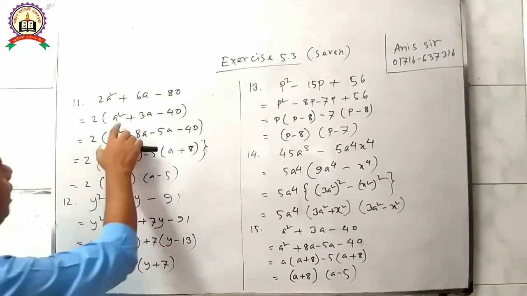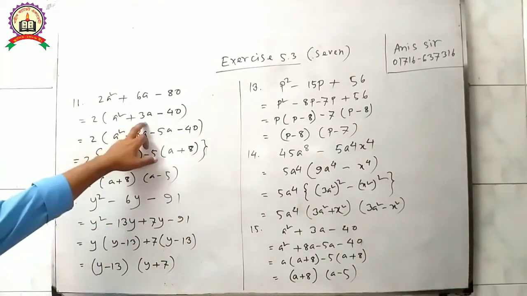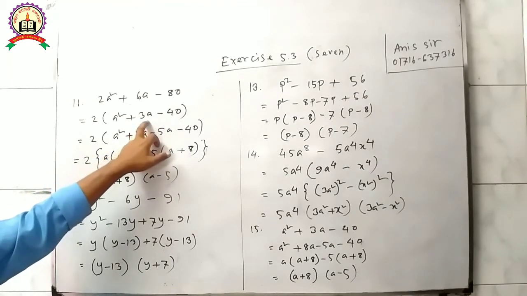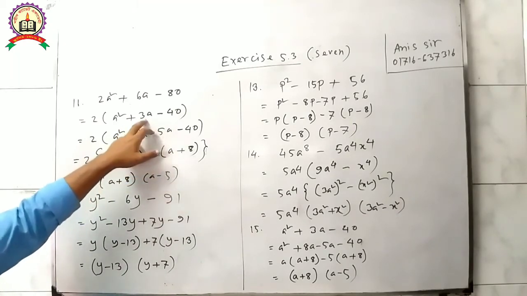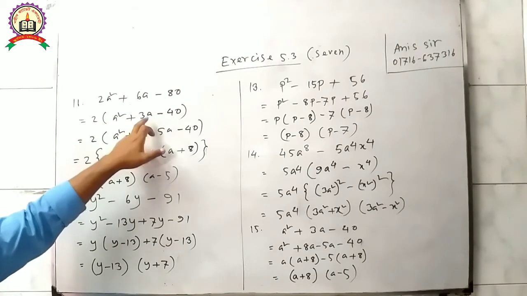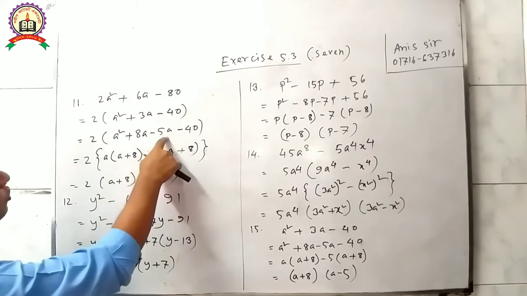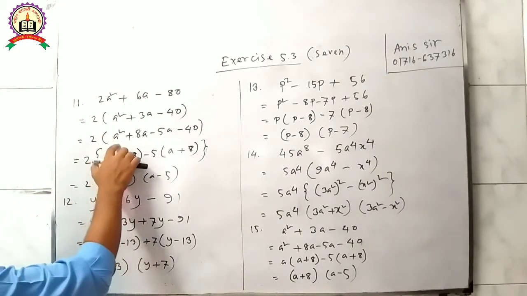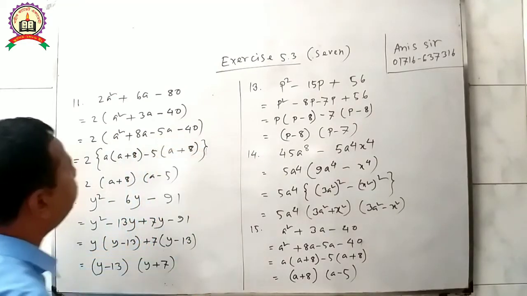Then a square plus 3a minus 40, this is middle term factorization. We have to divide the second term in such a way that if we add or subtract, we get the middle term, and if we multiply, we get the product of the first and last term. So a square plus 8a minus 5a minus 40.